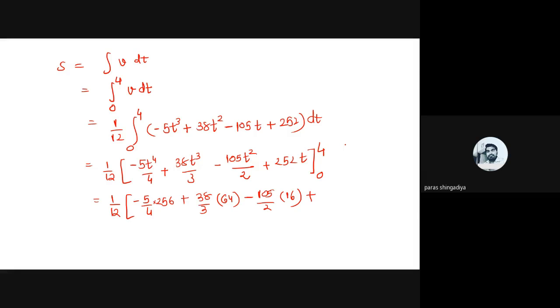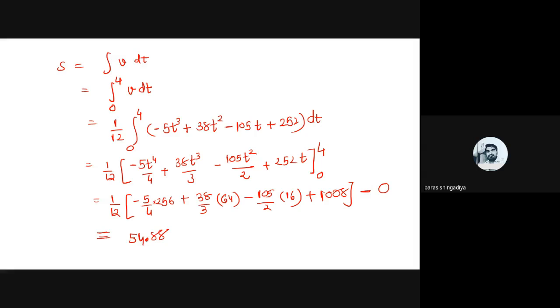What is the meaning of the 0? When we replace 0, it will be 0. Okay, and simplify this term. You can find this answer in decimal form. So we'll get the answer 54.88. Clear? You can consider that it is kilometer, or meter. Let's use the meter. So that is called distance.